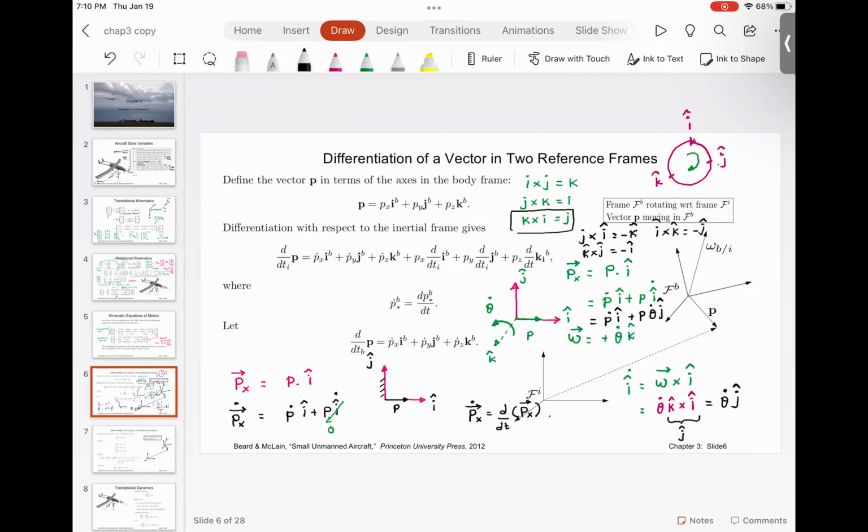So 0 plus theta y dot j cross I. J cross I is minus k.